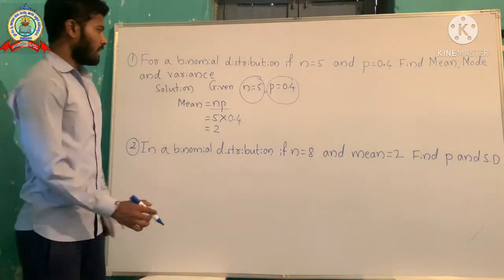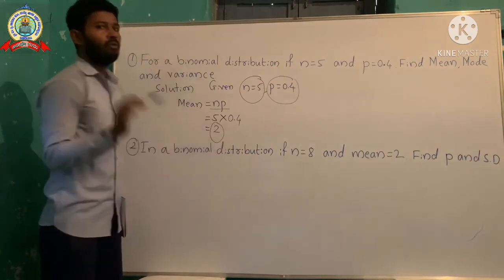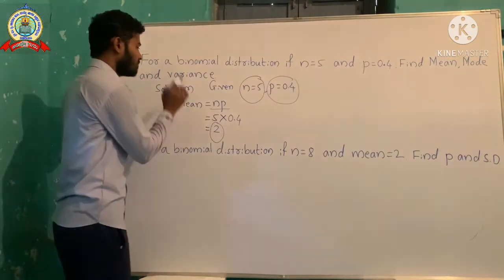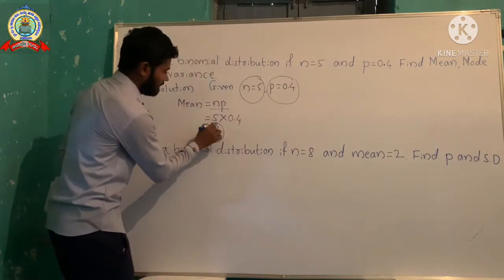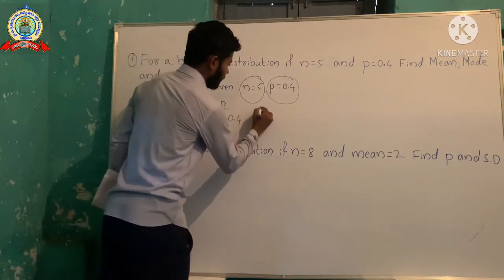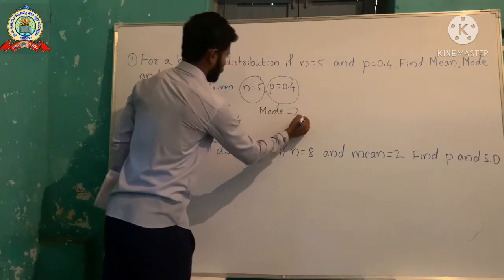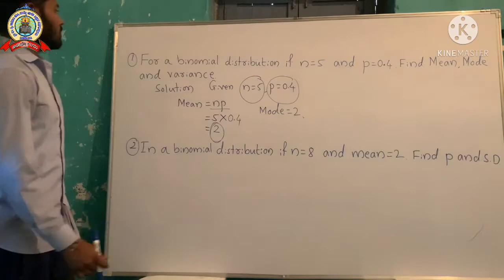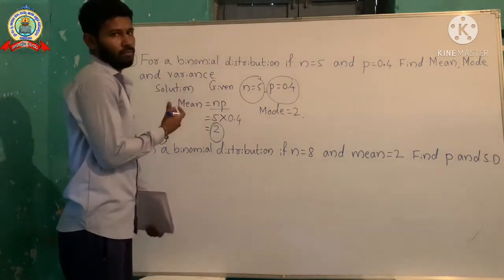Clear? So here, when the mean value is an integer, the mode value is equal to the mean. This must be an integer. So the mode value is also equal to 2. Clear?